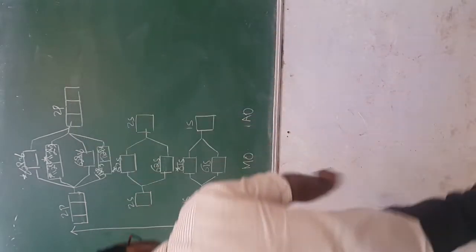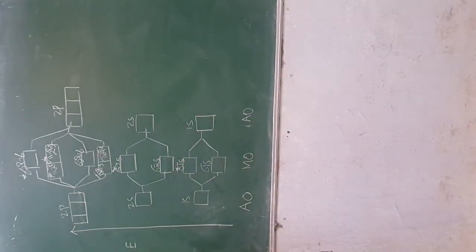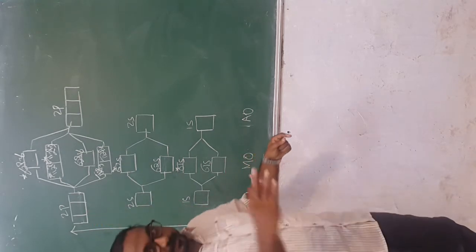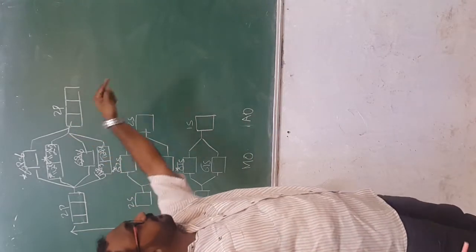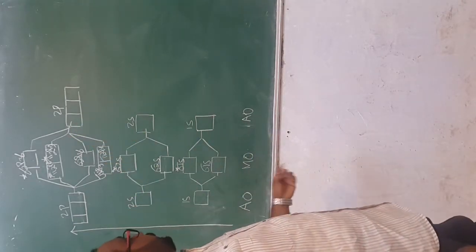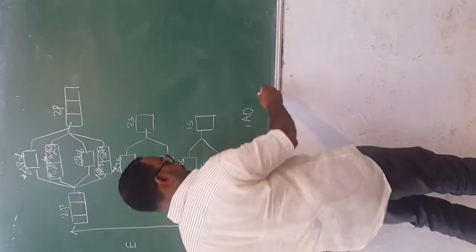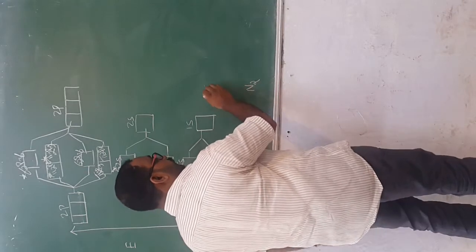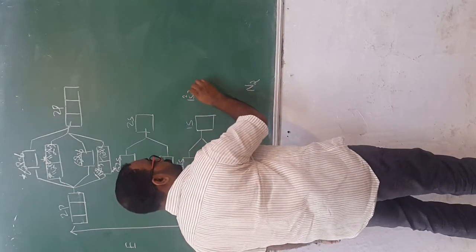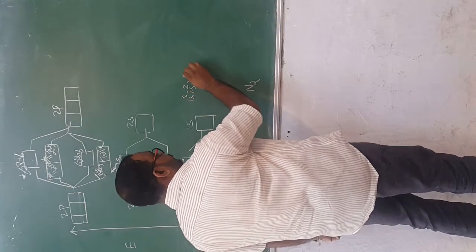See here, I have represented atomic orbitals. I have taken one atom on the left-hand side, and this is the second atom's atomic orbitals. If you take a molecule, for example nitrogen, nitrogen has the electronic configuration 1s2, 2s2, 2p3.